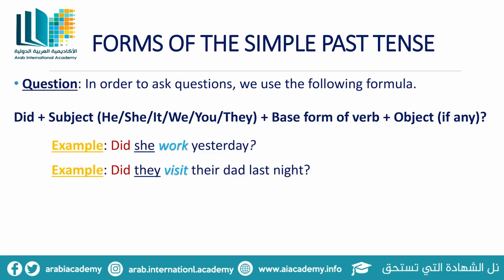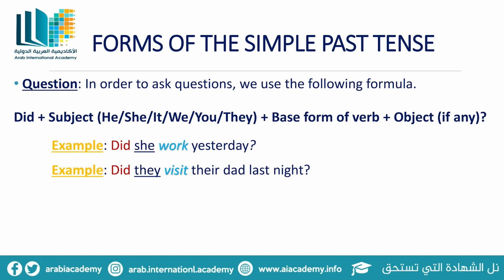Now, in order to ask questions in the simple past tense, we use the following formula. We start the question with did, then we follow the word did by the subject, whether it's he, she, it, we, you, or they, plus the base form of the verb, plus the object, if any.